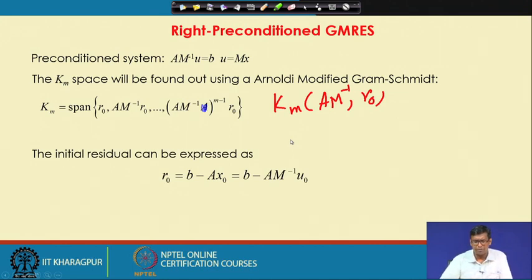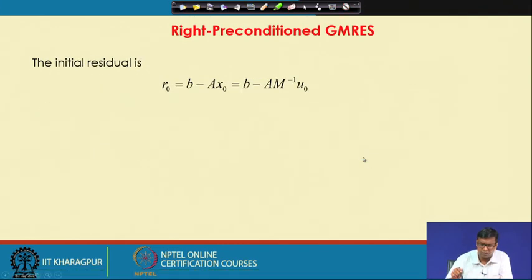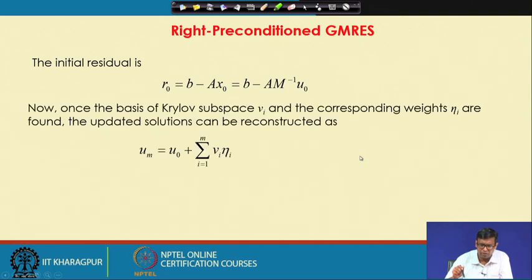r 0 is equal to b minus A x 0, which is b minus A M inverse u 0. The initial residual is this.